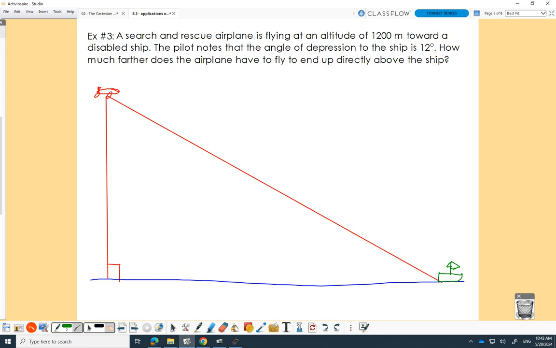Now I read the question again. I go, a search and rescue airplane is flying at an altitude of 1,200 meters. So the altitude here is 1,200 meters.